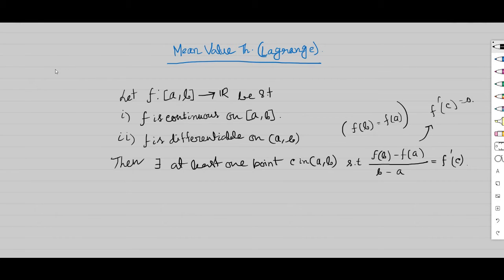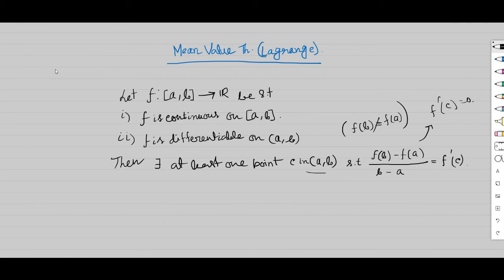So if we apply this, then the whole theorem is converted to Rolle's theorem. But if we take f(b) not equal to f(a), then there always exists a c in this open interval (a, b), such that (f(b) minus f(a)) by (b minus a) is equal to f dash c.